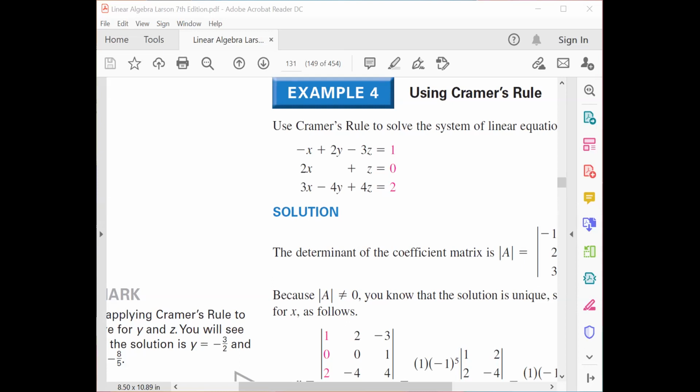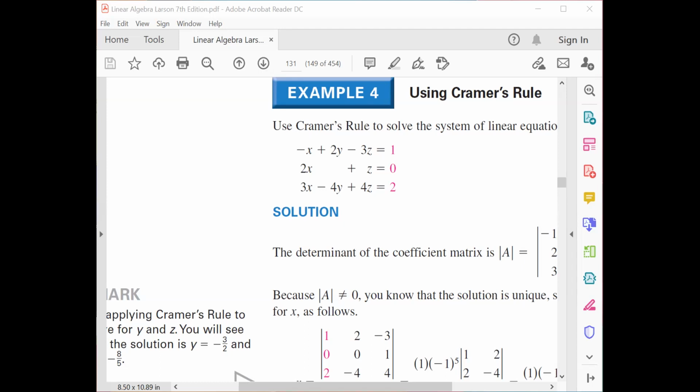So basically what I'm trying to say is that it works like this. x is going to be, let me make this a little bit bigger, again, the bottom is the matrix of the coefficients. And the top, to find the value of x, I take the coefficient matrix as is, except I replace the x column with r, t, w, that's the constants.